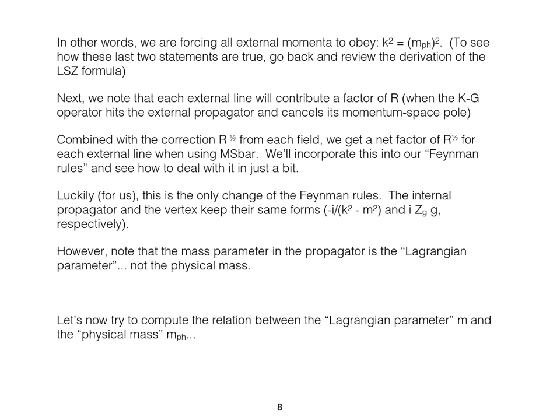What we'll see is that if we went back to the LSZ formula and did our derivation again, each external line is going to carry a factor of r. For every field in the term, we'll have a correction of 1 over the square root of r, and we get a net factor of the square root of r for each external line when using MS bar.